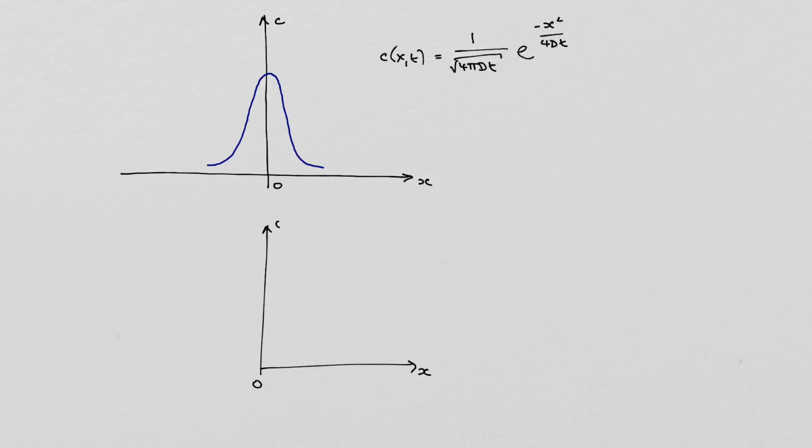Then what you'd want to do is solve the diffusion equation in the domain x greater than or equal to 0. You need to satisfy the initial condition that at t equals 0 the concentration is 0 everywhere except at x is 0. And you also need to satisfy a boundary condition on this surface.